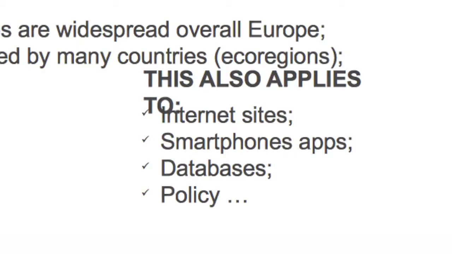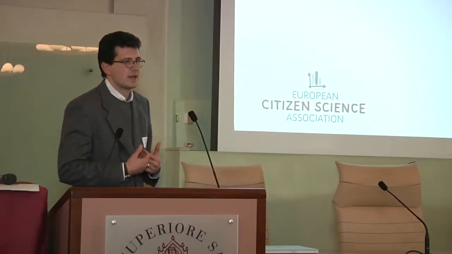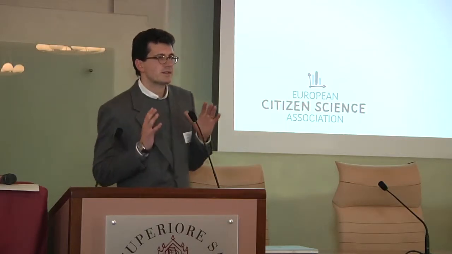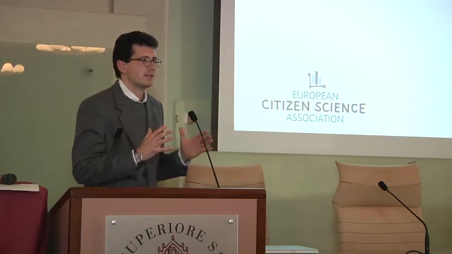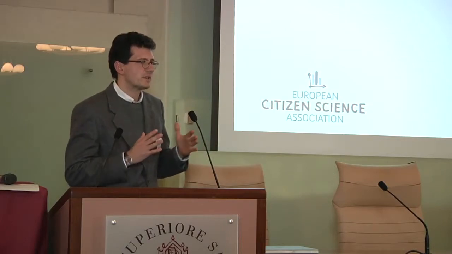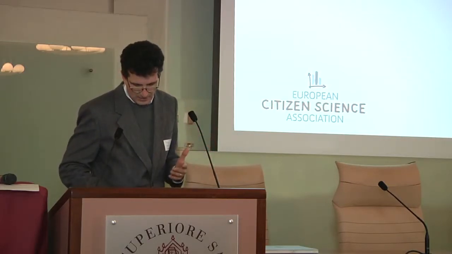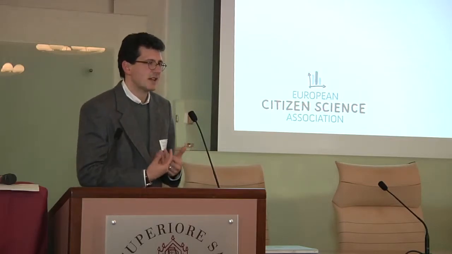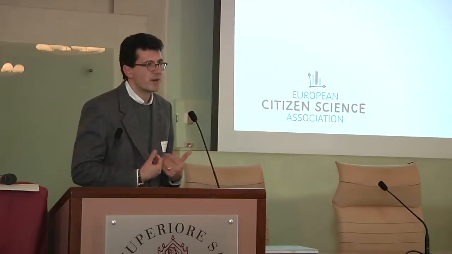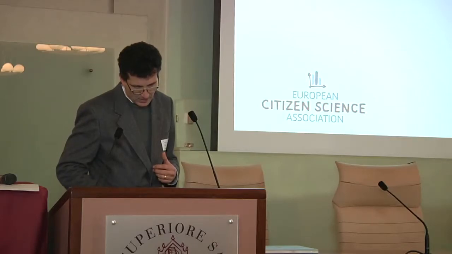So what will be the next step? We are starting from the natural sciences, but of course the European Citizen Science Association will apply to all fields of science; natural science is our common background at the moment.